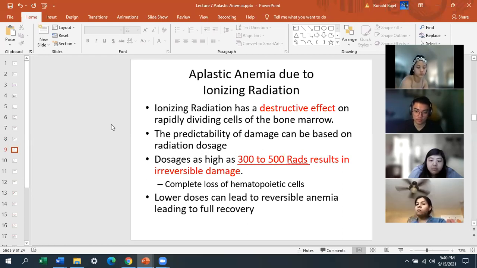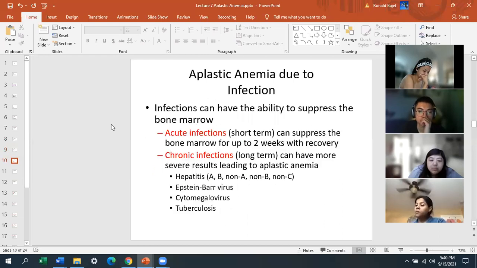However, if your dose of radiation is 300 or greater, like 300 to 500, then you have irreversible damage. You get complete loss of hematopoietic cells. So less than 300, not 300, you can have reversible anemia and will lead to full recovery.